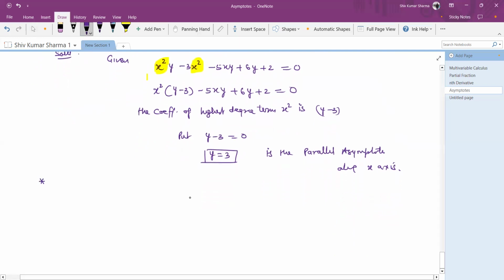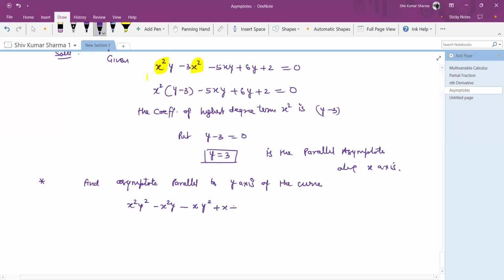So one question we can take: find the asymptote parallel to the y-axis of the curve x square y square minus x square y minus xy square plus x plus y plus 1 is equal to 0.